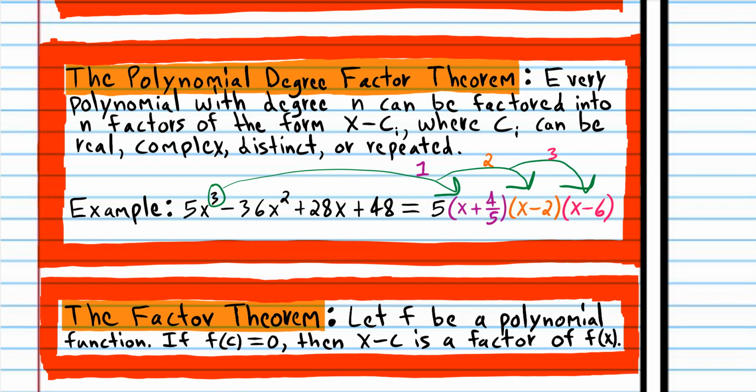That's going to be true for every polynomial equation, a degree 1 or degree 2 or 3 or 4 or 5 or 6, whatever the degree of the polynomial is, you're going to have that number of factors. Again, in this case, we had a degree 3, so we have 3 factors.